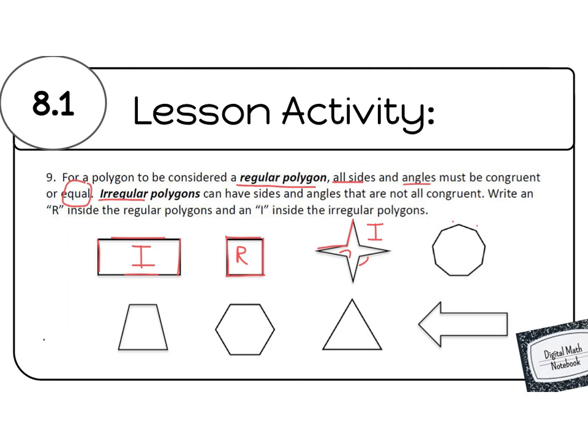This 1, 2, 3, 4, 5, 6, 7, 8, 9, that would be a nonagon, has all the same angles and all the same sides, so it is regular. Starting on the bottom row, we can see that these two sides are equal, but the top and the bottom are not, so it is irregular.